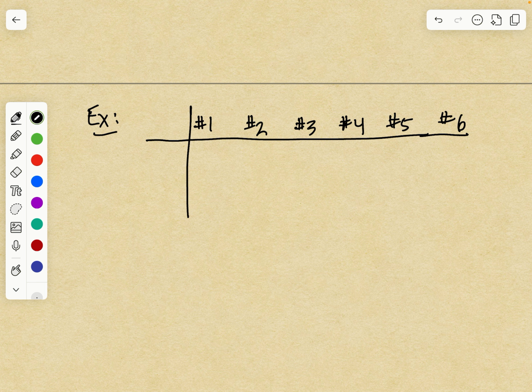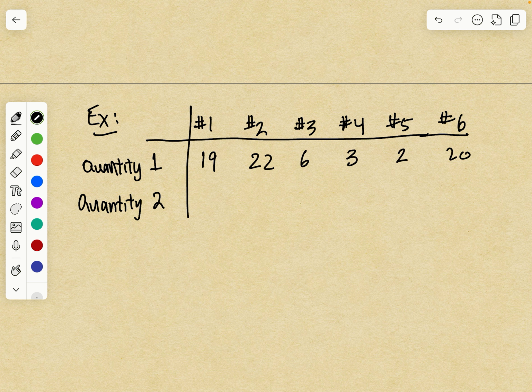And you measure 2 quantities. So let's say quantity 1 of each person, and you measure quantity 2. So we make this table and specify quantity 1 and quantity 2 of your six people.